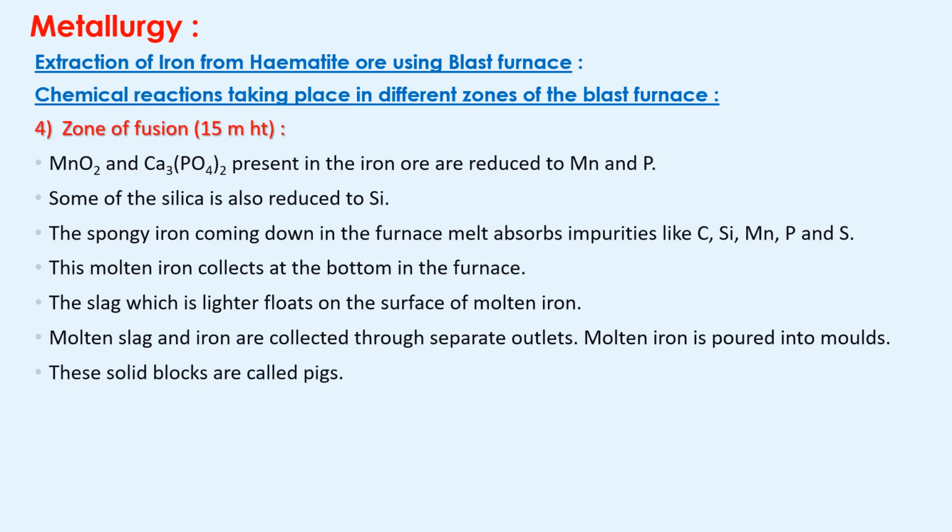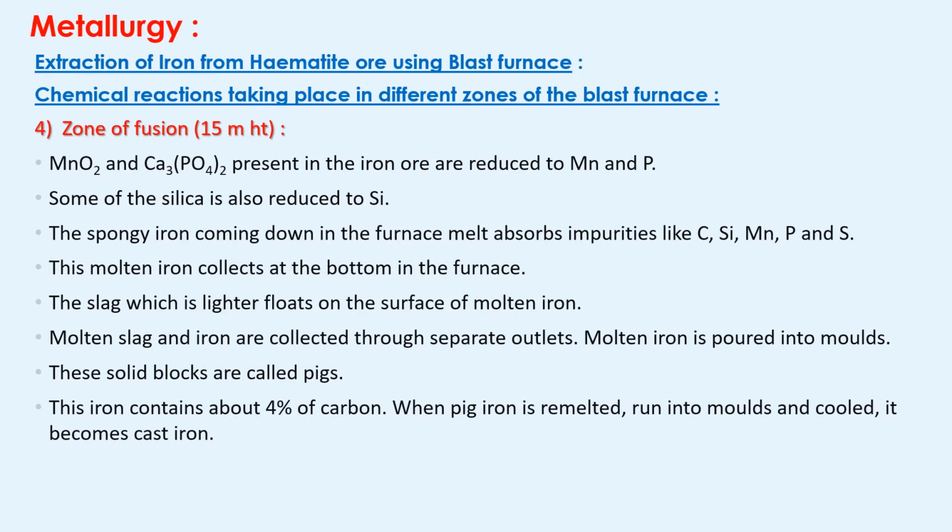This solid block is called a pig, and that is nothing but iron containing 4% carbon. When pig iron is remelted, run into molds and cooled, it becomes cast iron. From your blast furnace you get pig iron containing 4% carbon, but if you remelt that pig iron, mold it and cool it, you get cast iron.